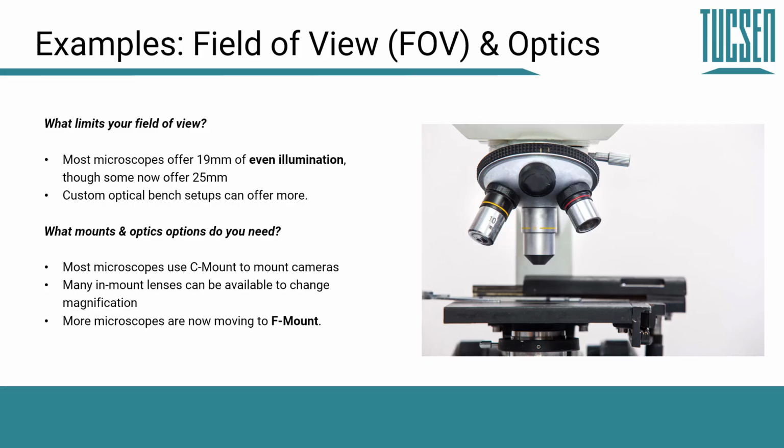But more microscopes are moving to F-mount to offer larger fields of view up to that 25mm and sometimes a bit beyond. In physics and astronomy and many other applications, though, we'll often use lens-based setups, and here F-mount, T-mount or custom mounting options are quite common.